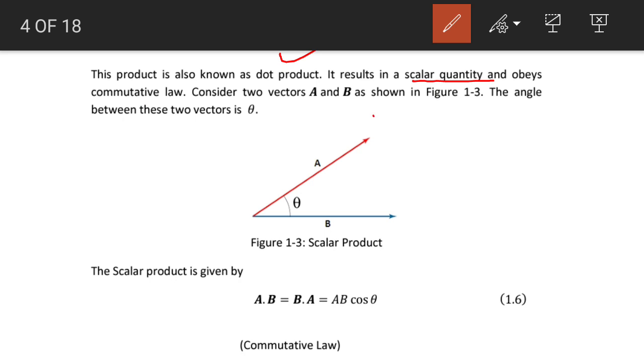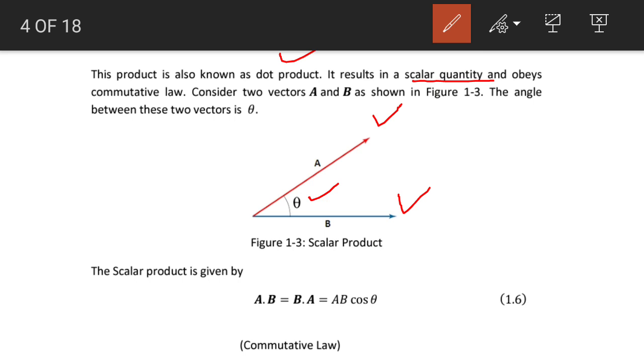So let us consider two vectors A and B. The angle between these two vectors is theta. We are going to calculate the scalar product or the dot product of these two vectors, and we know that the scalar product of the two vectors obeys commutative law.